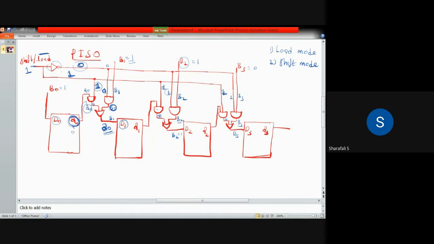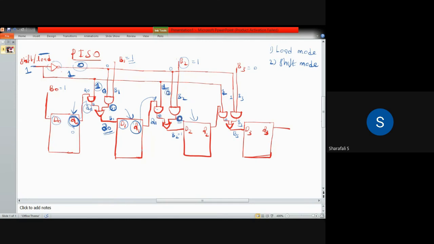So shifting is happening. Whatever the previous value of the first flip-flop is, it is shifted into the second flip-flop. Similarly for the other cases also, Q1 is going through this AND gate. This one is 1, so Q1 comes here, and this one is 0, so 0 will come here: 0 into B2 is 0.